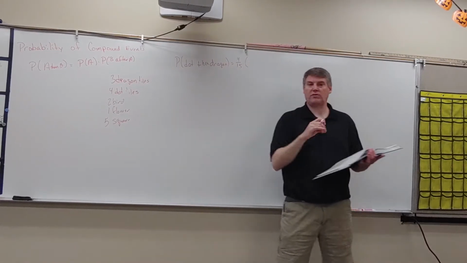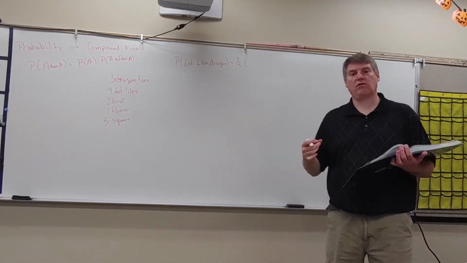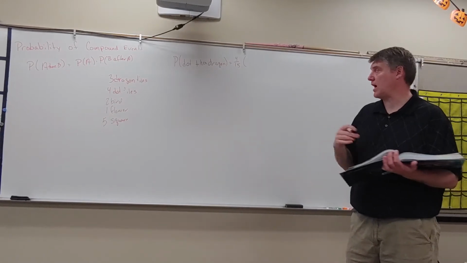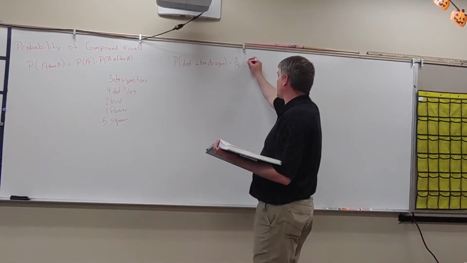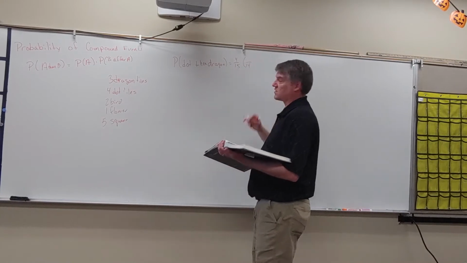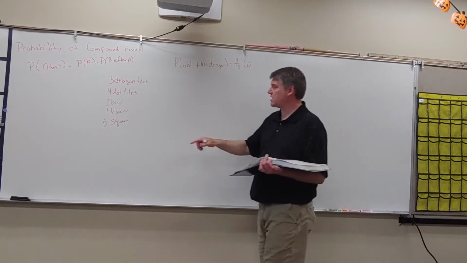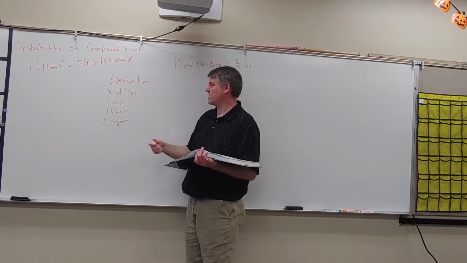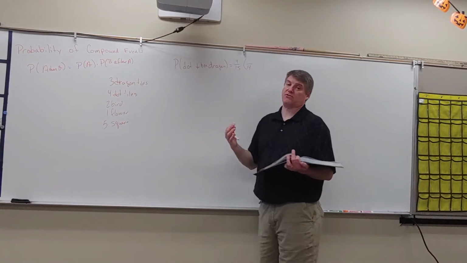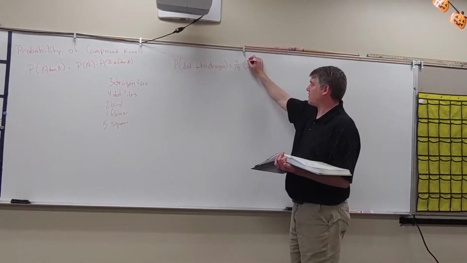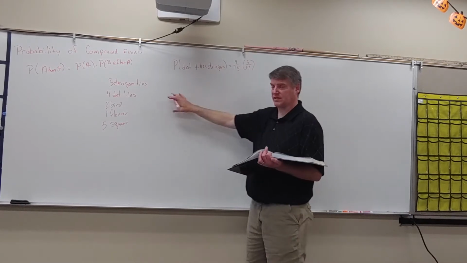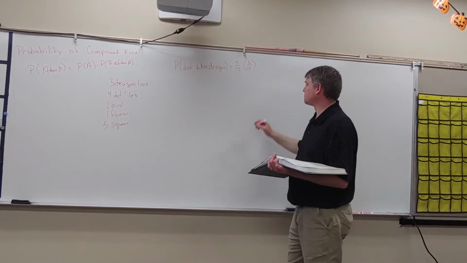Now, once I pull that tile out, I now no longer have 15 tiles. I have 14 tiles. So my next probability is going to be out of 14 instead of 15. And I've already taken one of these dots, now it has 3. And I want to know what's the probability of drawing a dragon. Well, that's 3 out of 14 because I did not replace that tile.